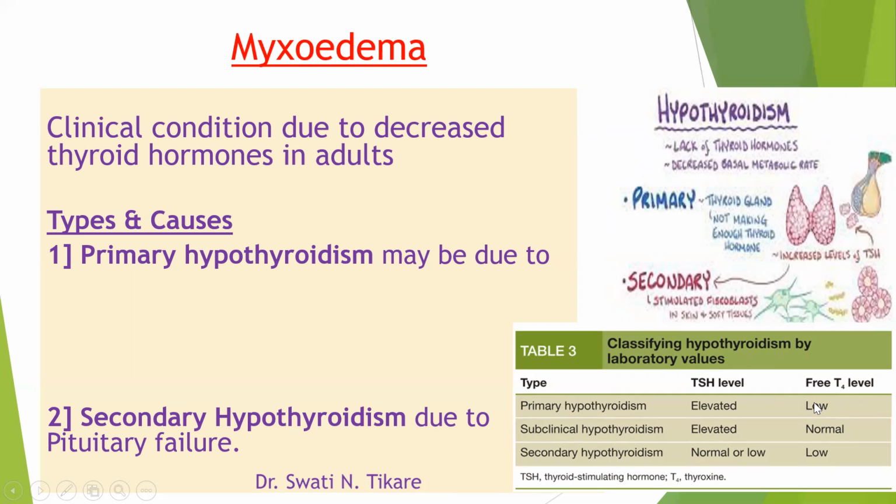So it is low. To begin with, there is a problem in the thyroid gland. T3, T4 is low. Because it is low, the TSH is trying to somehow increase this T4 level. So TSH level is elevated and it is giving more and more stimulation so that an adequate amount of T3 and T4 can be formed.